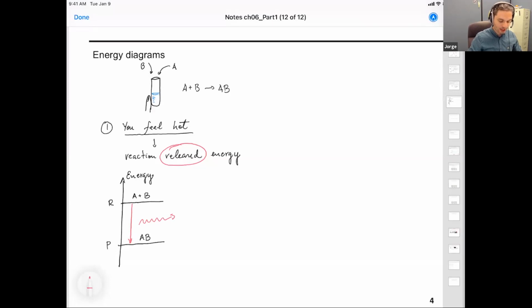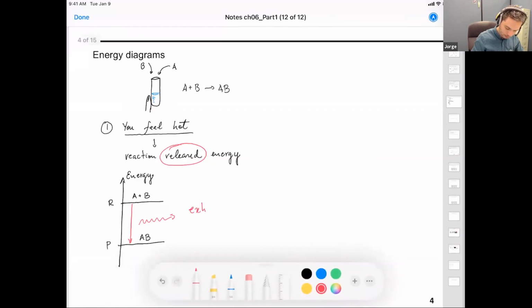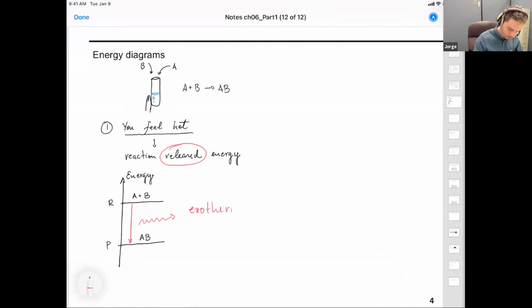When energy is released, this kind of reaction is called exothermic. Exothermic means energy is released.